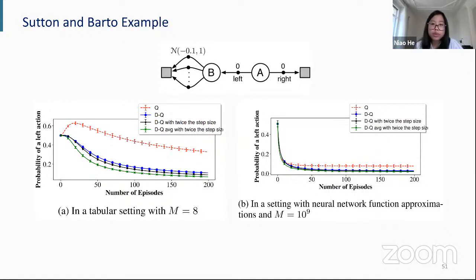So this seems to suggest that maybe using nonlinear function approximation makes things different, right? But the bottom line, the punchline here, is that if you were to deploy the double Q-learning algorithm, then you should be using at least twice the step size of Q-learning to ensure at least the same convergence rate.